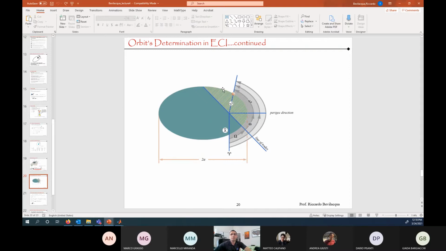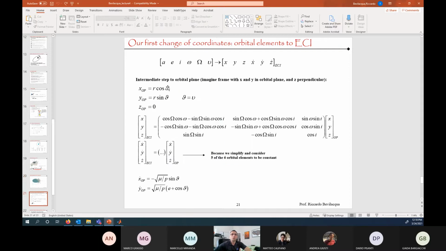And so in that x and y, the projection would be r cosine of theta and r sine of theta, nothing special, and no z, of course. There's no projection of the position of the satellite in the direction of the angular momentum. And so once you have these coordinates, all you have to do to bring it into actual x, y, and z in ECI is apply the rotation matrix given by your 313 ordered angle rotation.